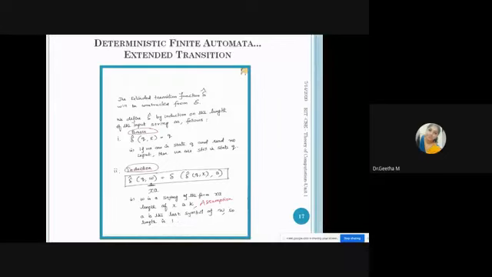Epsilon is an empty string, which has zero length, so we consider epsilon as the least length string, the least element. So δ cap of q comma epsilon gives you again the same q.